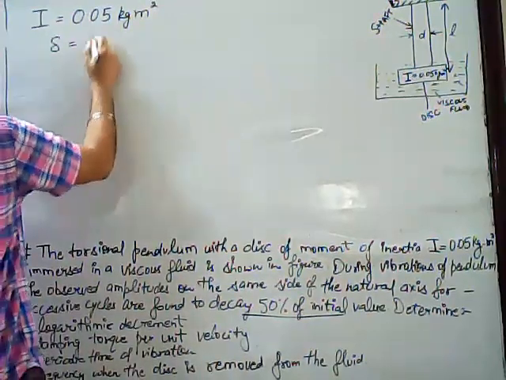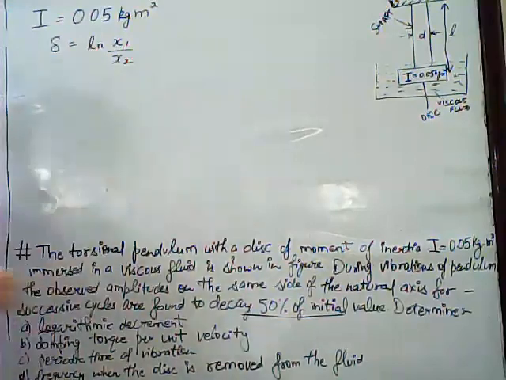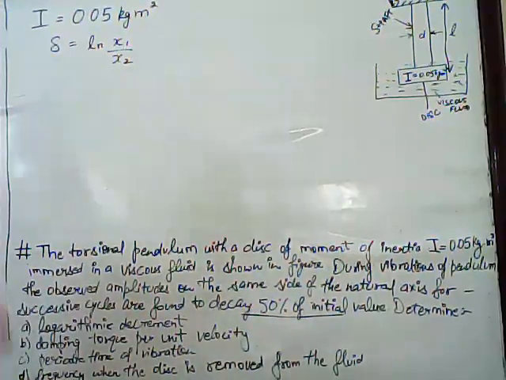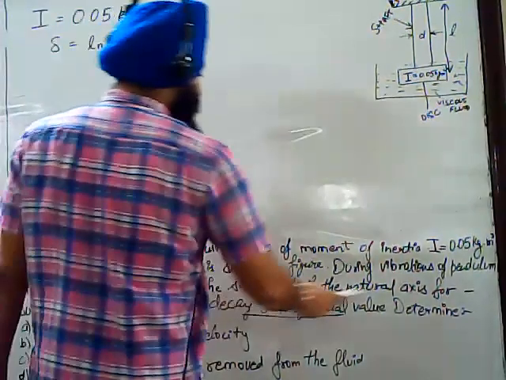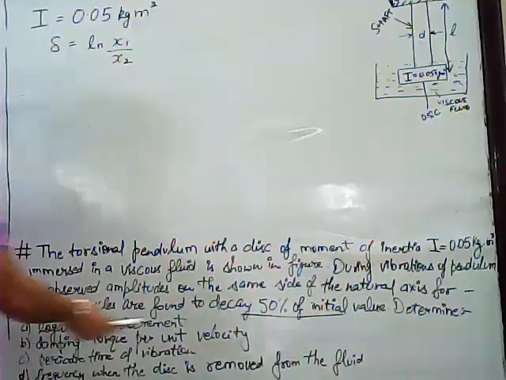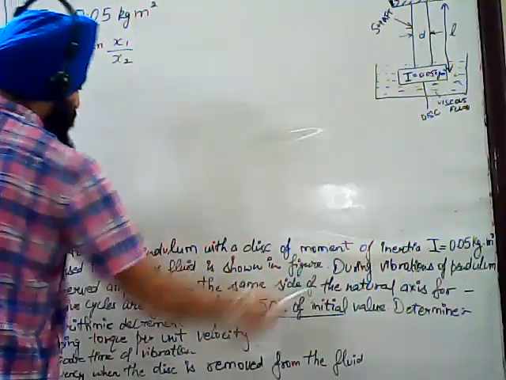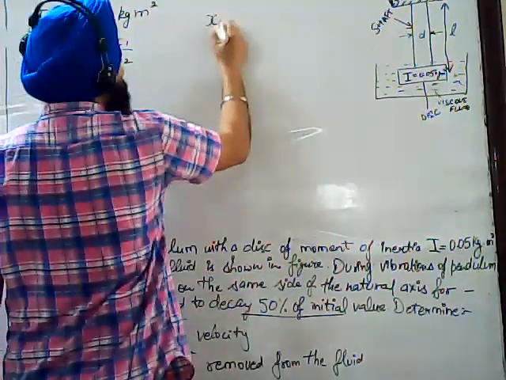So delta is equal to log of x1 upon x2. The observed amplitudes on the same side of the neutral axis for successive amplitudes decay to 50% of the initial value. So let the first amplitude be x.